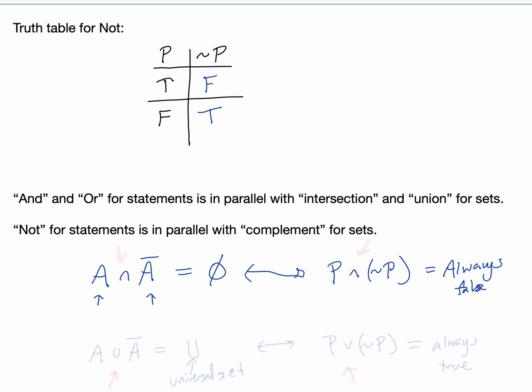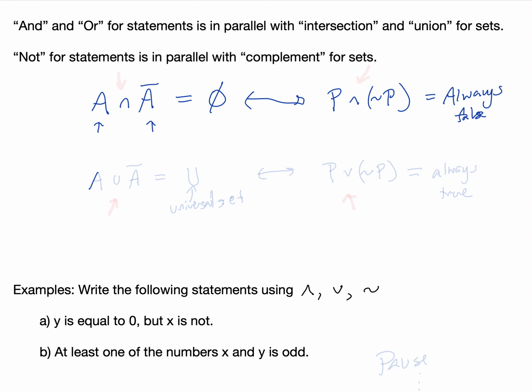Similarly, for any set A, the union of A and A complement is the set of all elements that are either in A or not in A. Well, for any set, any element is either in that set or not in that set. So this would be the universal set, whatever that universal set is. And what if we look at P or not P?